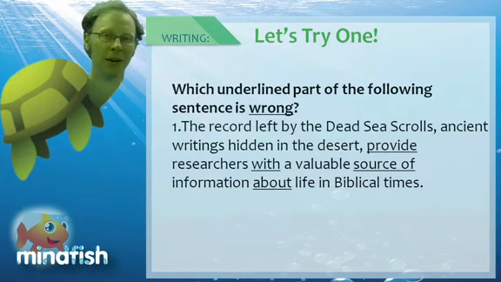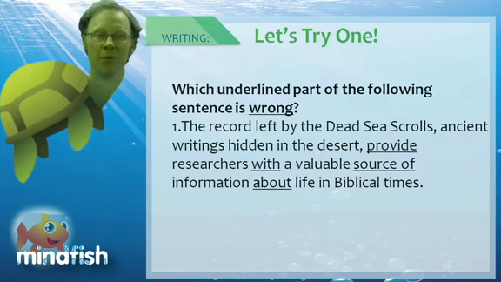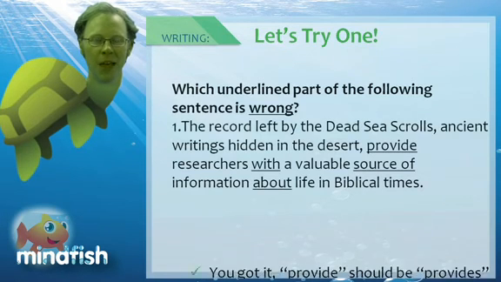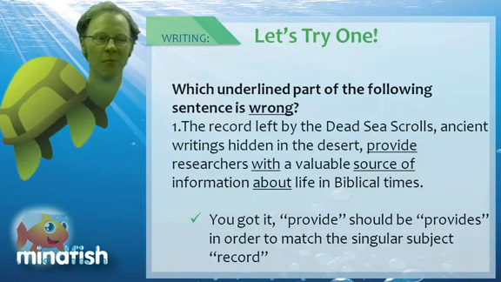Well, the problem here is that the subject of the sentence is record, which is singular. And if we say record provide, we have a mismatch. Provide might sound pretty good because we have a bunch of other plural words between record and the verb provide, but it's wrong. What we need to say is the record provides. Therefore, the underlined word provide is the wrong part of this sentence.